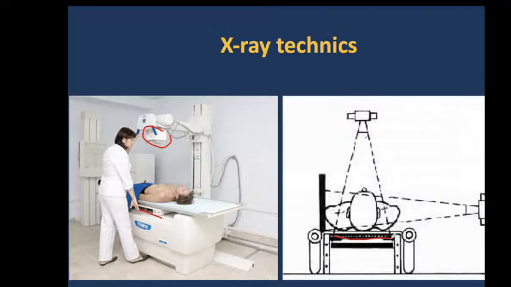The receiver may be an electronic device, or it may be a special film with silver salts, but mostly now it is a device, not film. This device transforms X-rays into electrical signals that are displayed on the screen.